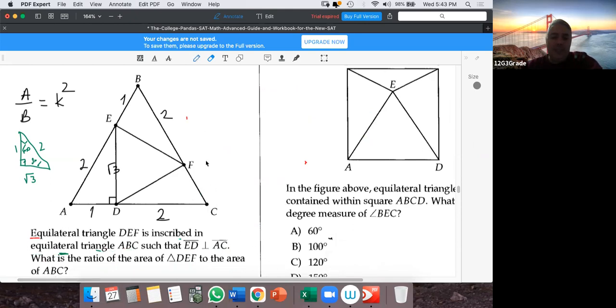Now, my question is: area of DEF divided by area of ABC. Now, my dear students, right now, be careful.